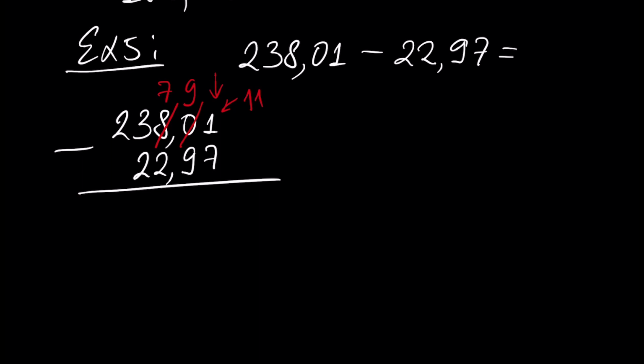11 minus 7 is 4. Let's write 4. Here next we have 9. 9 minus 9 is 0. Next here 7 minus 2 is 5.